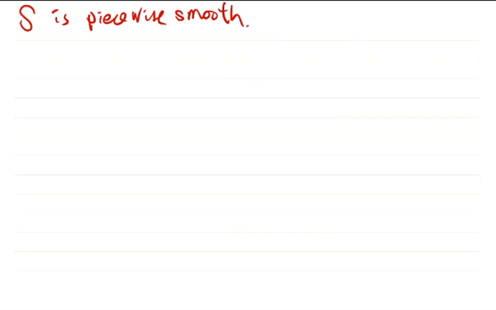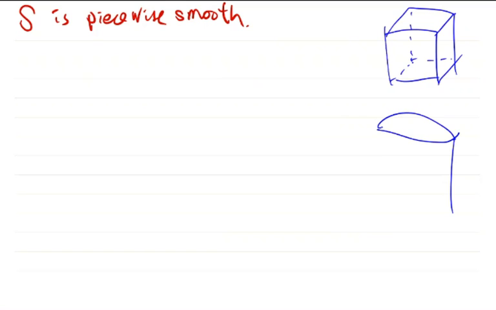What's a piecewise smooth surface? For example, the boundary of a cube is a piecewise smooth surface, and the boundary of a cylinder is also a piecewise smooth surface. So a piecewise smooth surface is the union of finitely many smooth surfaces.